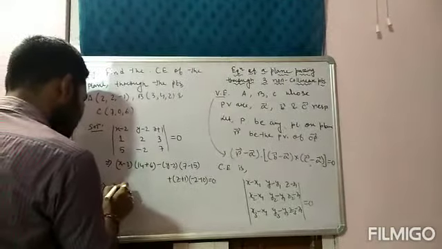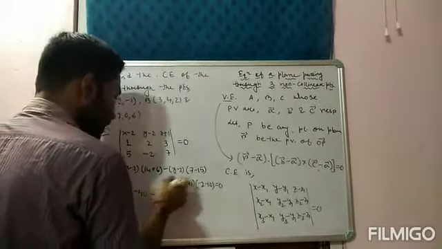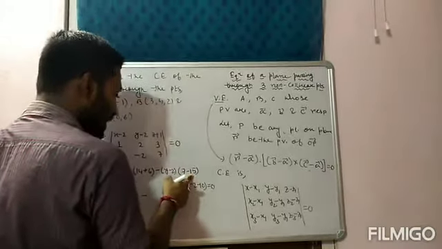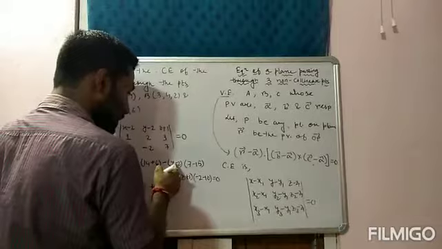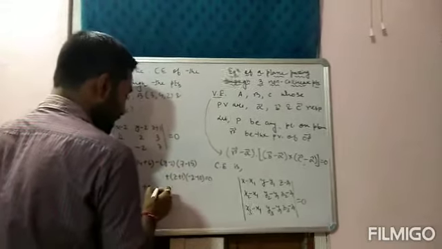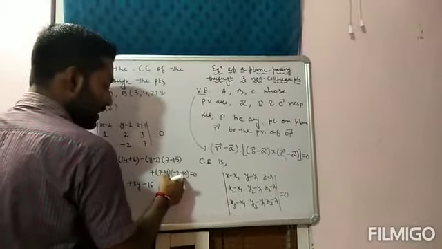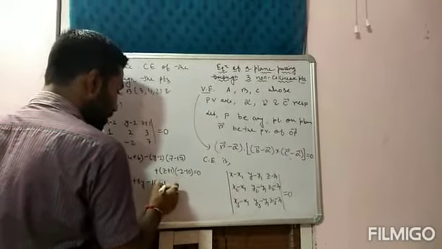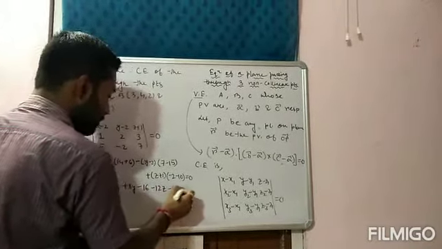So if I expand it, you will get 20x minus 40. 7 minus 15 is minus 8, so this will be plus 8y, minus minus plus, plus minus minus, so minus 16. Minus 2 minus 10 is minus 12, so minus 12z, minus 12. This is equal to 0.